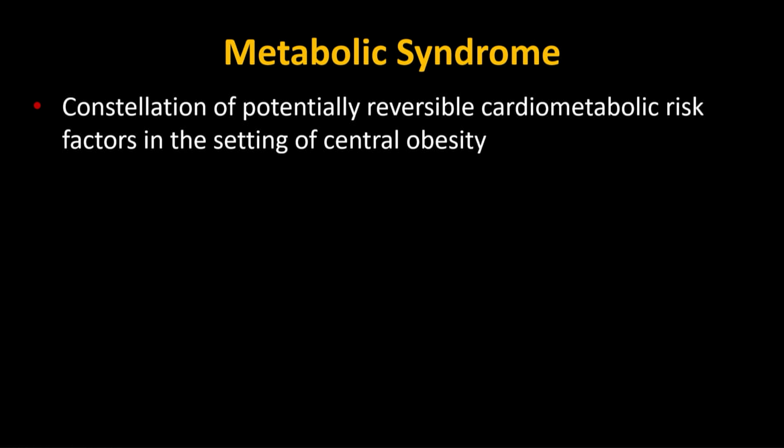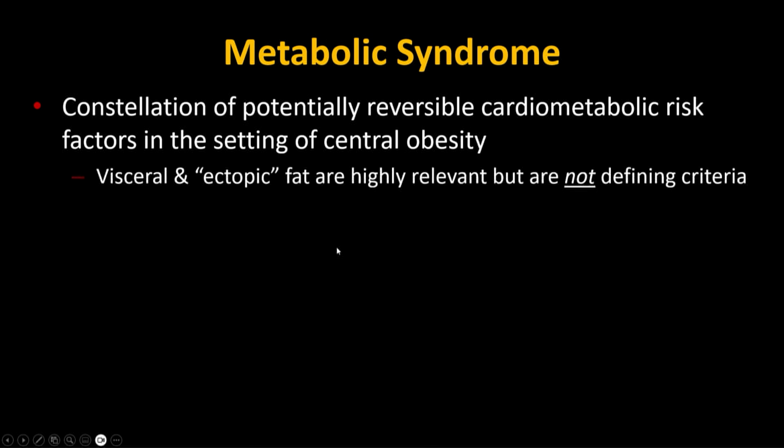The trouble is the clinical definition is pretty weak, and it doesn't even include visceral fat specifically or ectopic fat within the liver or muscle. It's really just looking at central obesity and whether you have diabetes or hypertriglyceridemia and cholesterol and so forth.